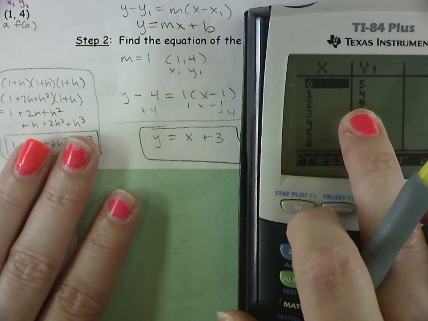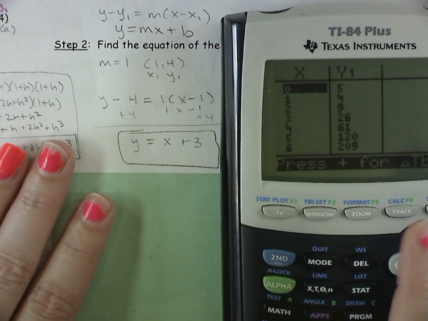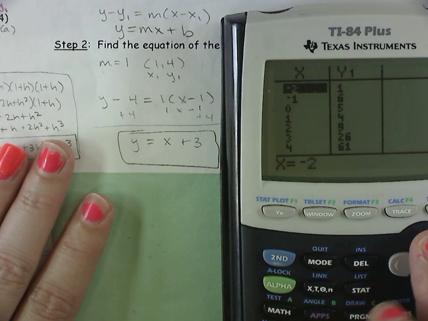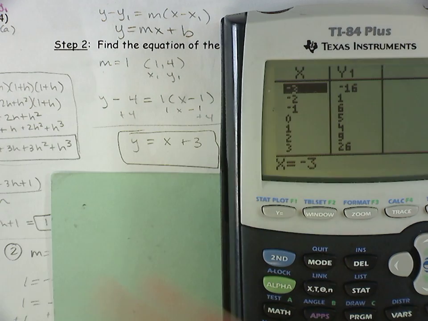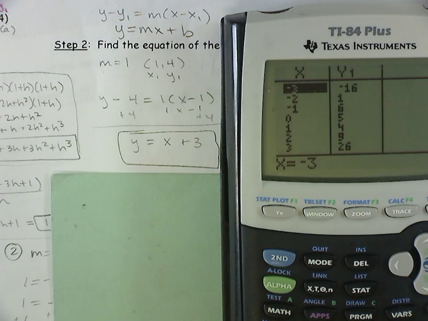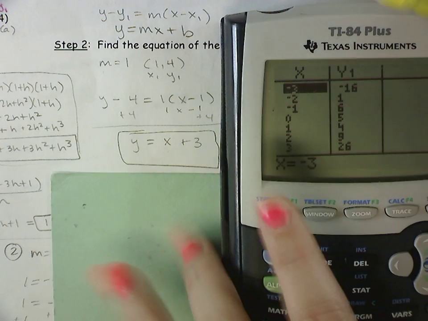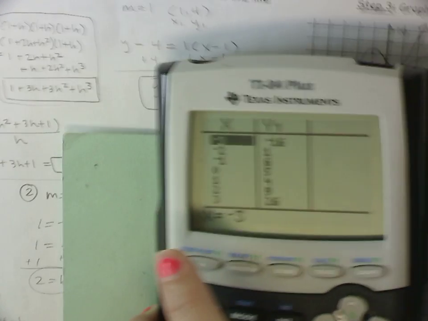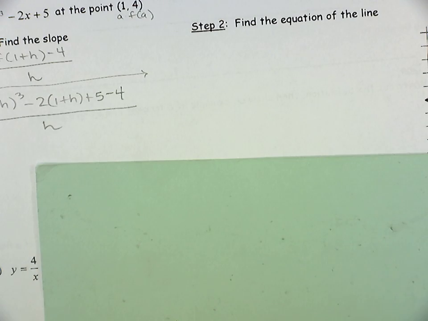I'm going to go to my table. I'm going to see at 0 I'm at 5, at 1 I'm at 4, at 2 I'm at 9, at negative 1 I'm at 6, at negative 2 I'm at 1, at negative 3 I'm at negative 16. So I'm just going to plot some of those points.